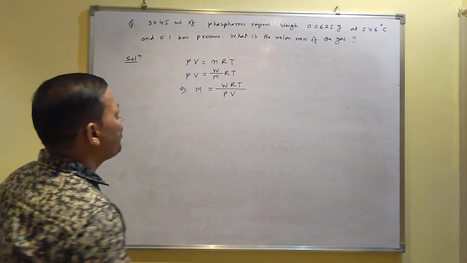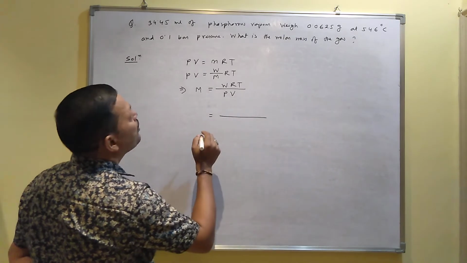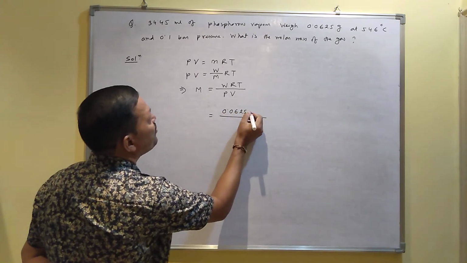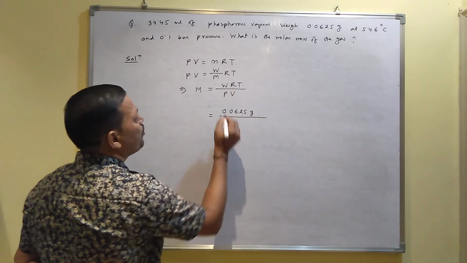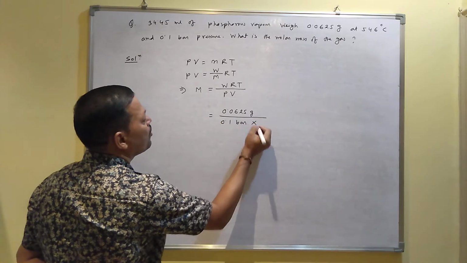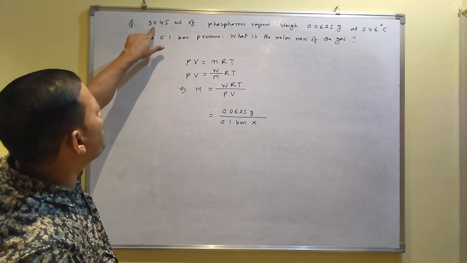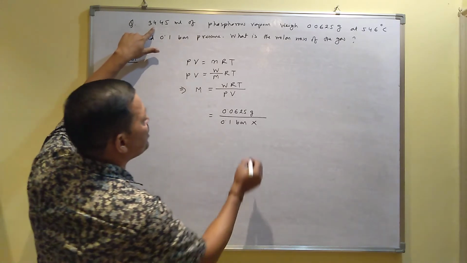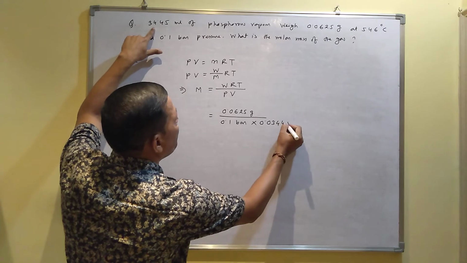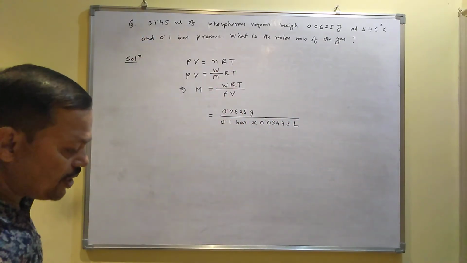When you put the values, the given mass W is 0.0625 gram, pressure is 0.1 bar, and volume is given in milliliter, 34.45, so you have to convert it to liter. Dividing by 1000, it goes to 0.03445 liter.